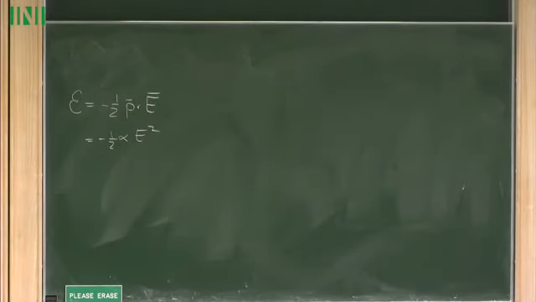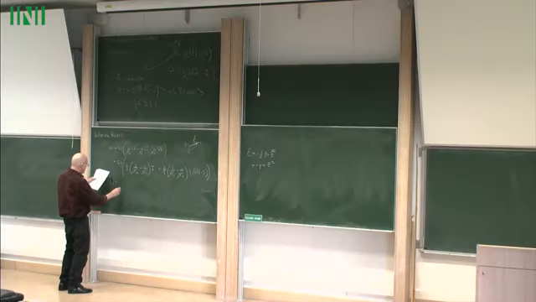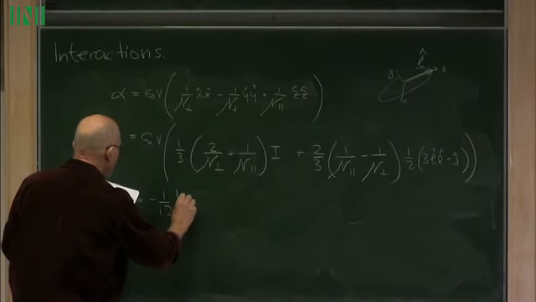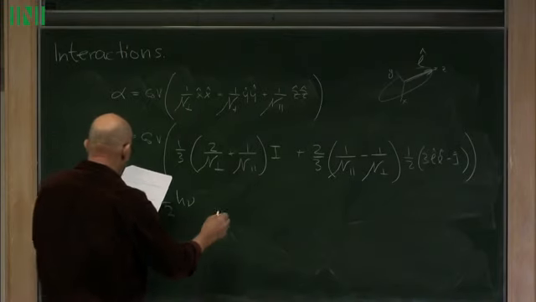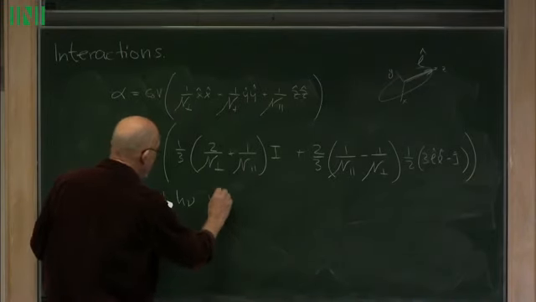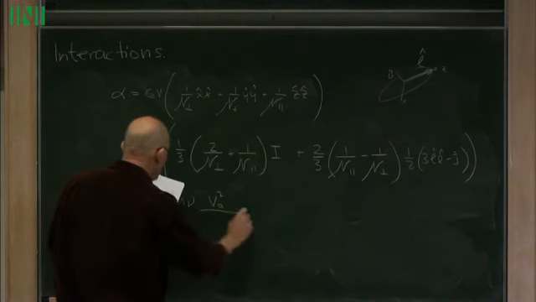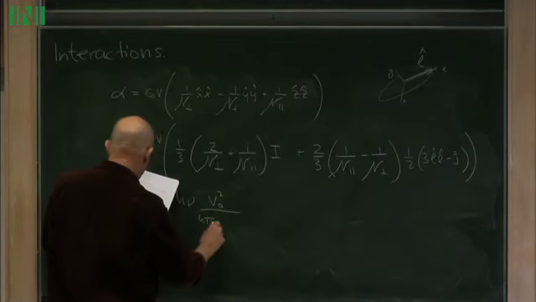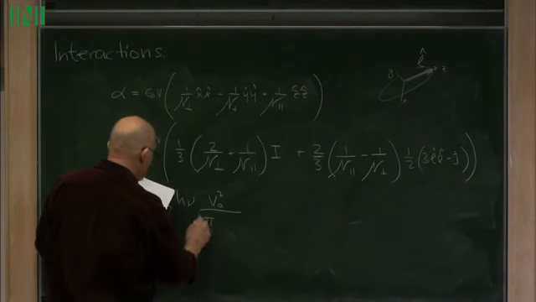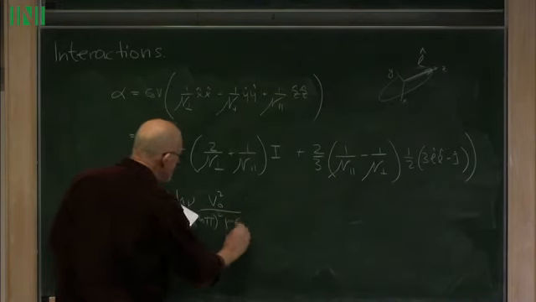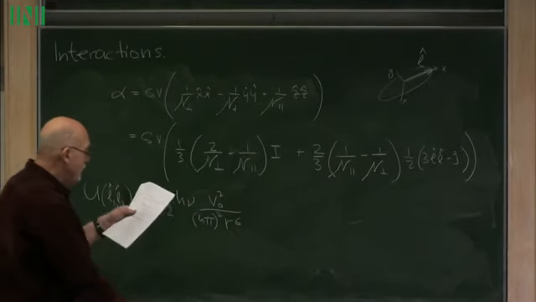So one just calculates the interaction energy this way, and one gets this fairly simple result, minus 1/12 of H nu, and then we get the molecular volume squared over 4 pi squared times r to the 6th. So this is because of the r cubed dependence.